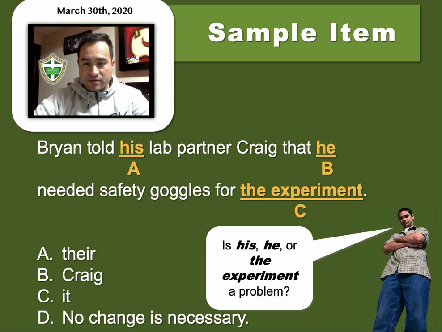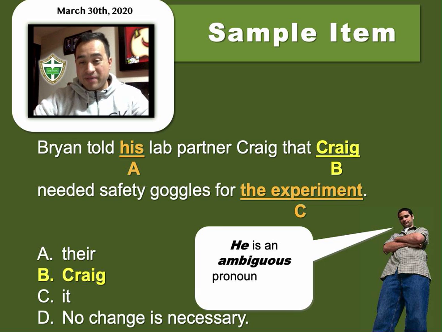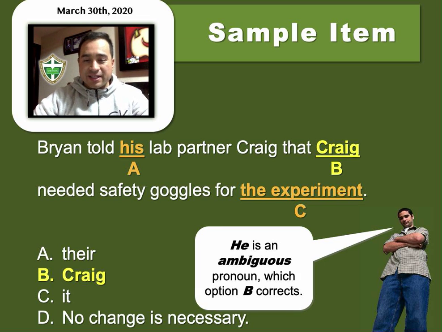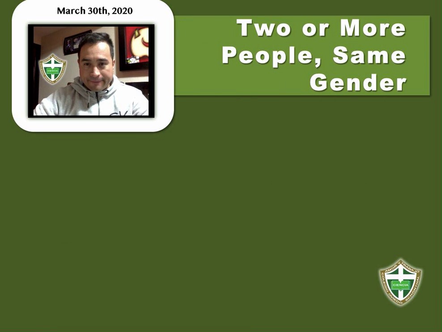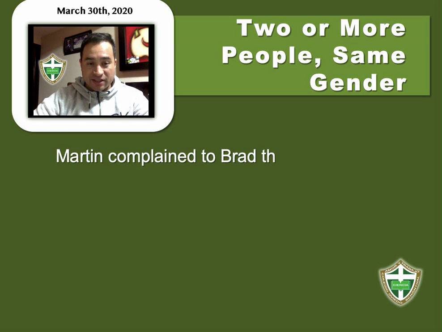Take a few seconds and decide. The answer is B. "He" is an ambiguous pronoun, so which option corrects it?